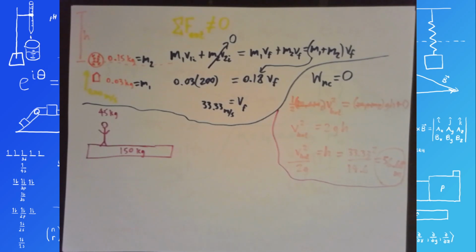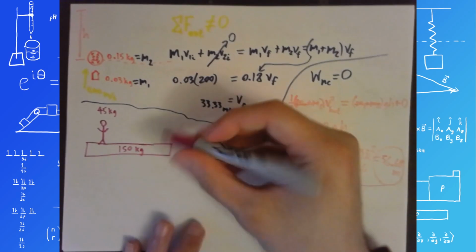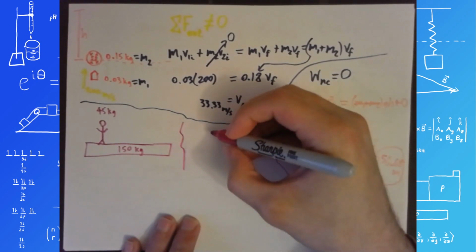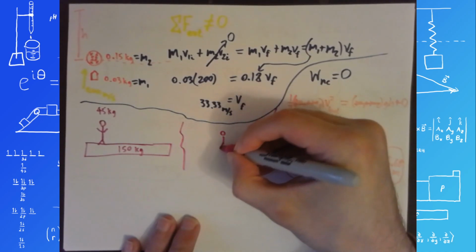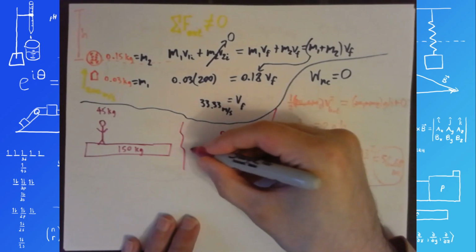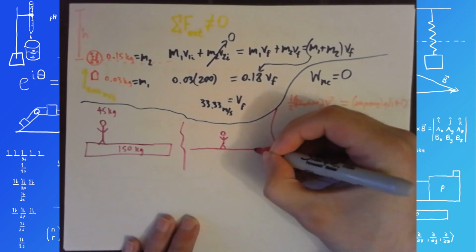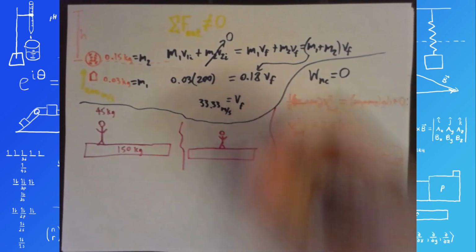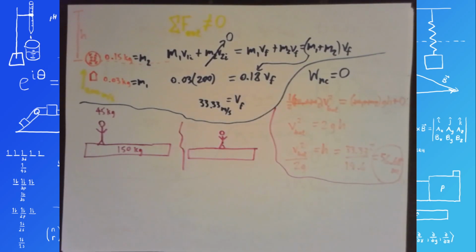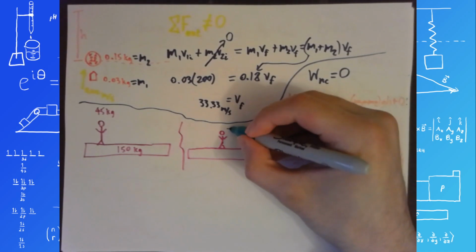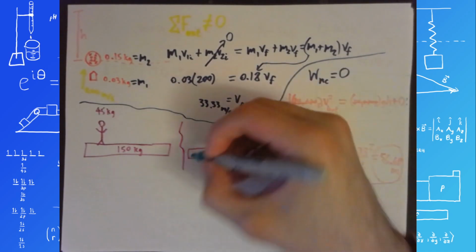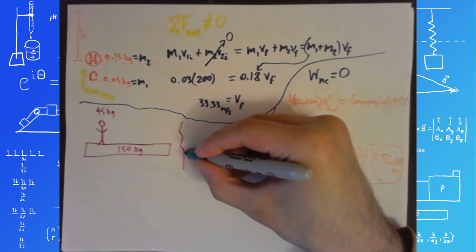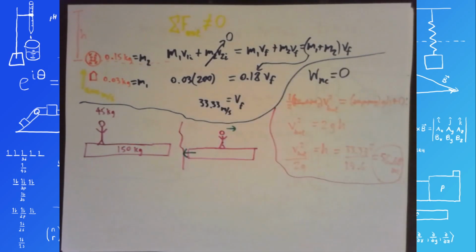So I guess I'll draw the after picture. So girl is moving to the right. The plank would have to move to the left if momentum is to be conserved. And they didn't say how fast the girl was actually moving from the perspective of an outside observer.